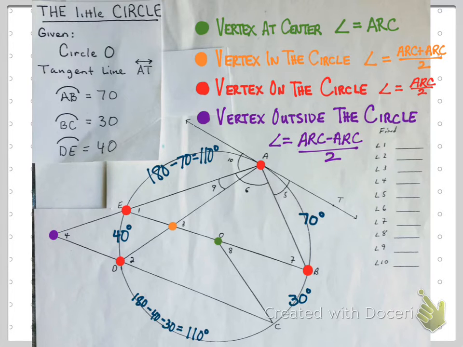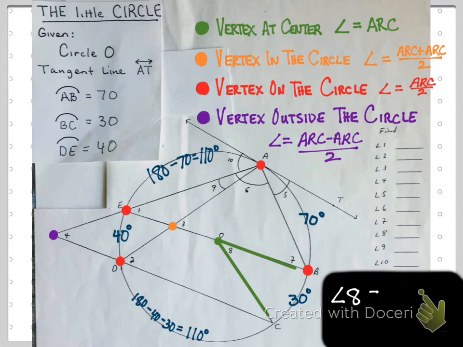Now let's find the missing angles. We'll start by finding angle 8. Angle 8 has its vertex at the center, and you can see by the 2 green highlighted lines in the picture that the arc that's intercepted is arc BC, and it's 30 degrees. And since the vertex is at the center and the arc is 30 degrees, angle number 8 will be 30 degrees.